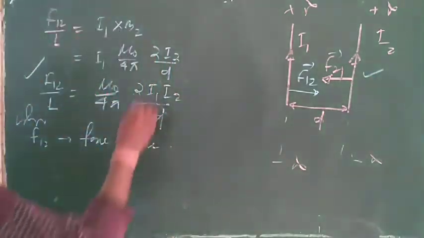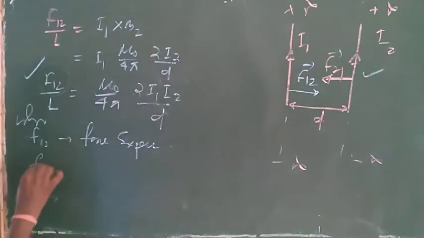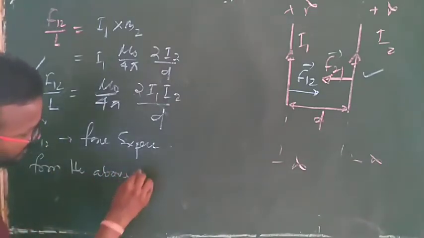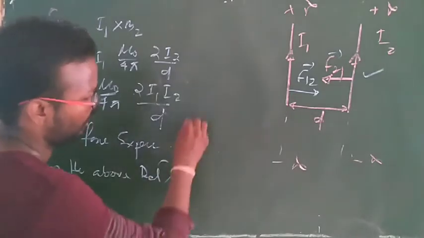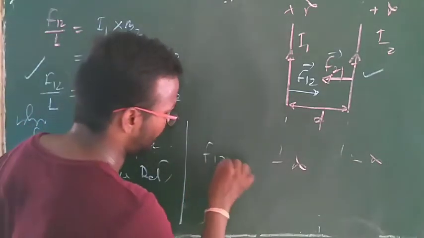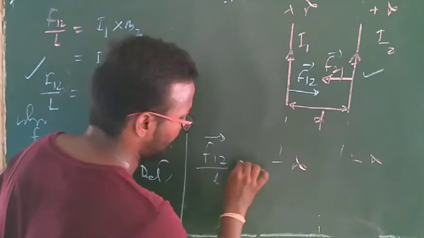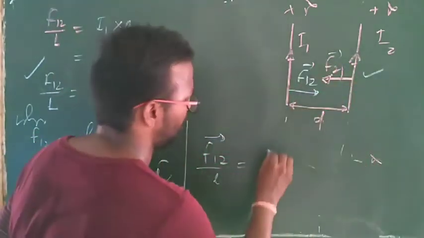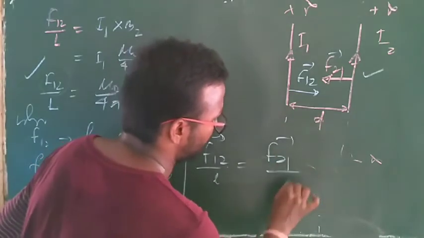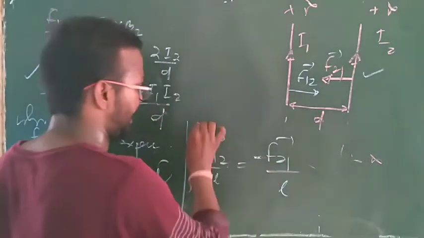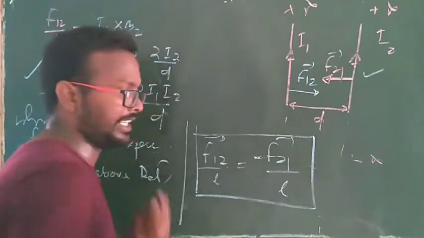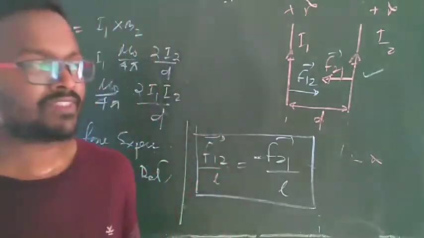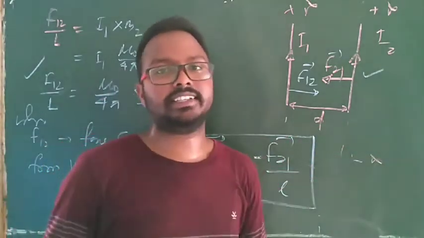Clear? From the above relation, we can write F12 vector by L as opposite to F21, because these two vectors are opposite to each other. The negative sign indicates that the forces experienced by the two conductors are opposite to each other.